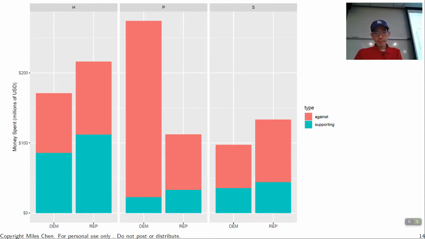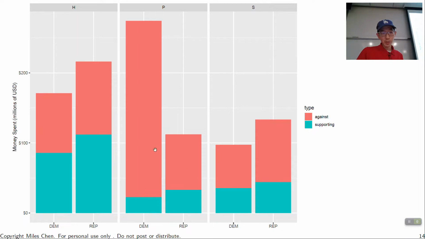And again, all of this information can also just be presented with a table where you get the actual numbers. So some of you might say, oh, I want to know the actual numbers. And that's fine. But one thing about a visualization is that immediately we can see the size comparisons here, right?